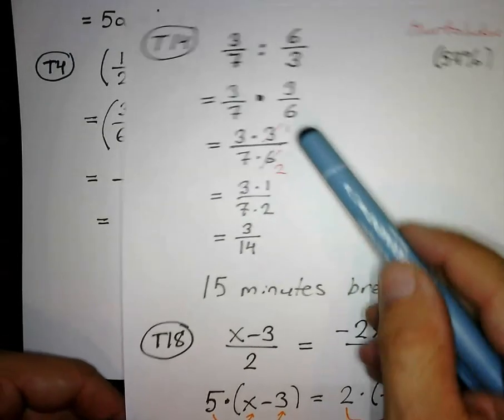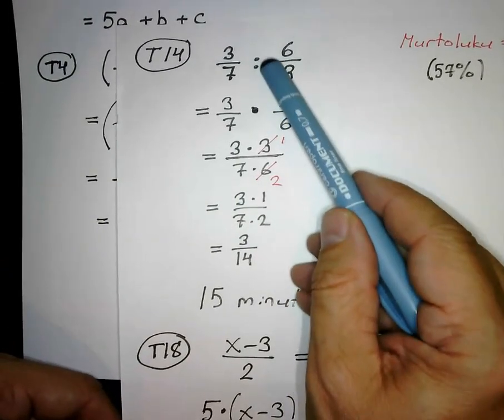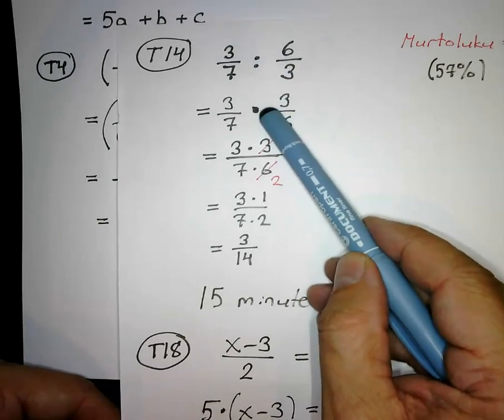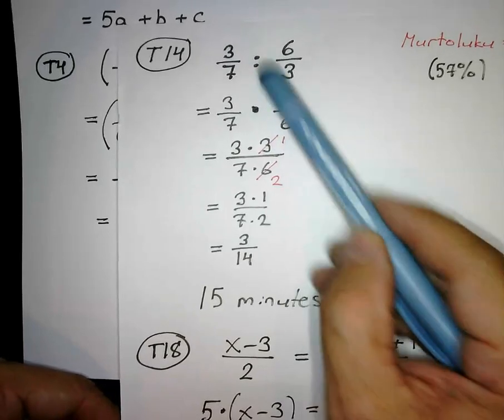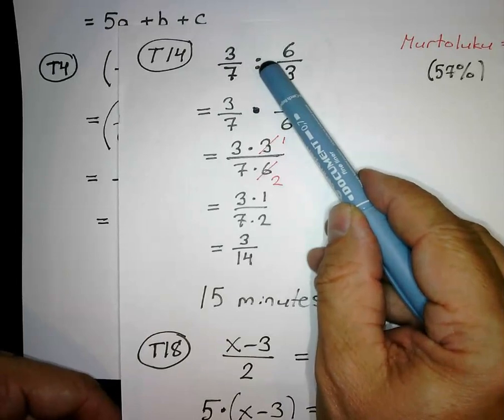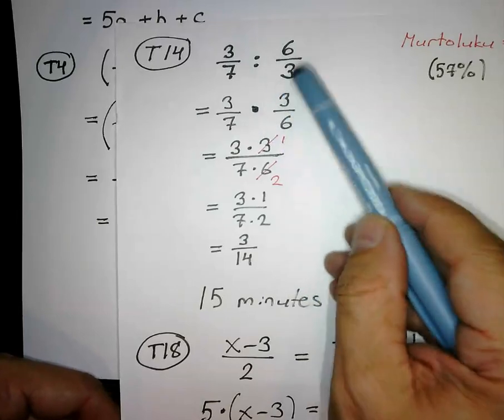We changed this division mark here to a multiplication mark. Jakomerkki, kertomerkki. Jakomerkki is division mark and kertomerkki is multiplication mark.